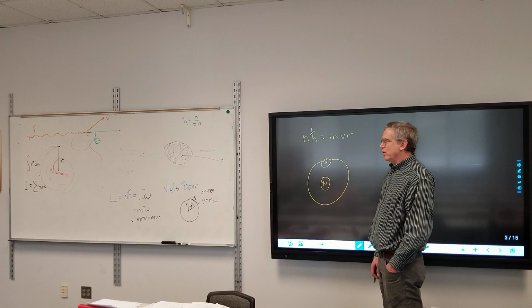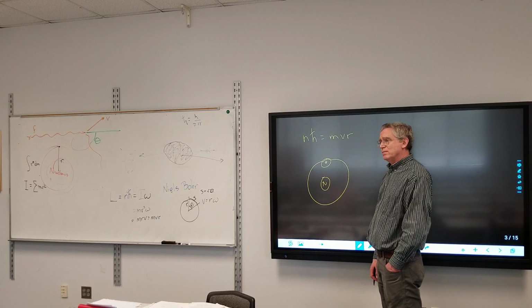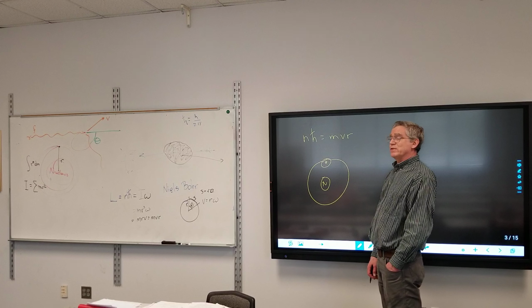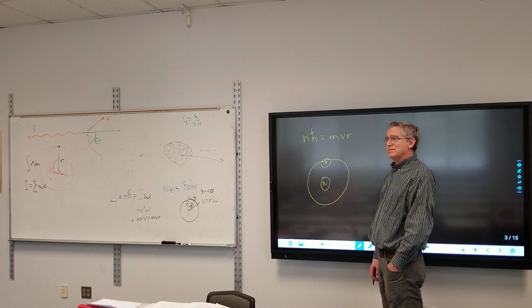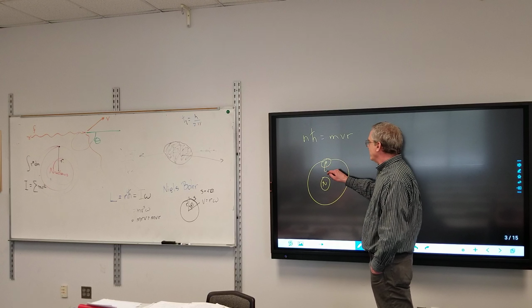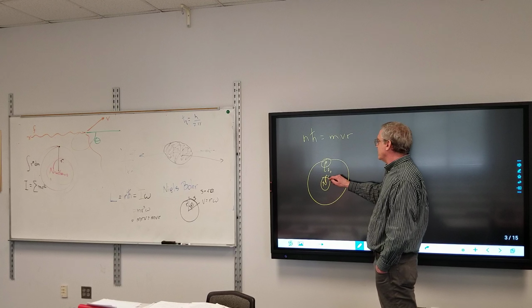Centripetal force. Okay, what is the centripetal force in this case? This is a physics 252 topic. That's the one. So I have this electric force acting here and electric force acting here.